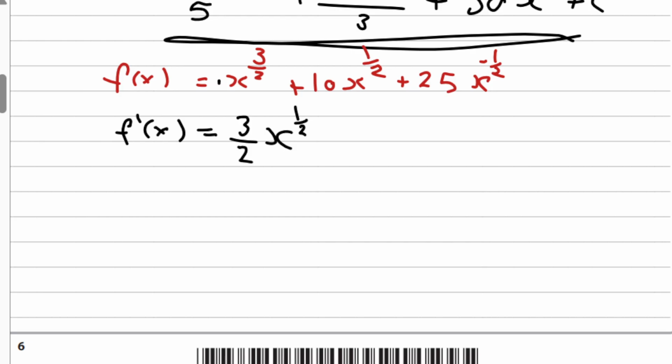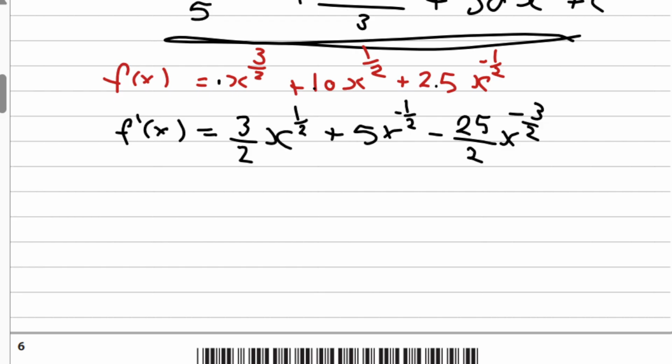Plus 10 times a half, we first multiply this by that. 10 times a half is 5. x to the power of a half minus 1 is negative a half. And then 25 times negative a half is minus 25 divided by 2, x to the power of negative 3 over 2.